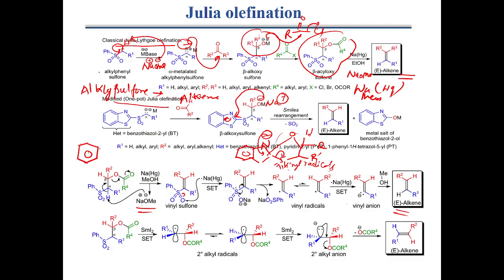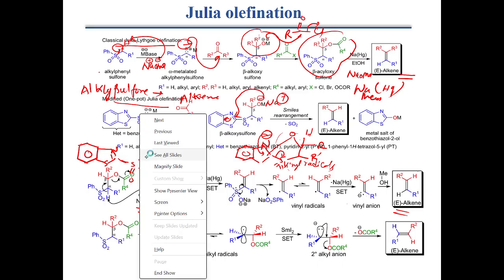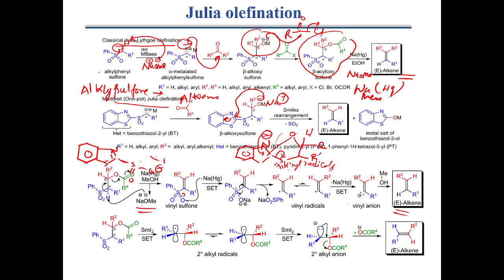This will give this one. There is sulfur, nitrogen, double bond, yes, double bond O minus R1, R. Now this will go, and this will.